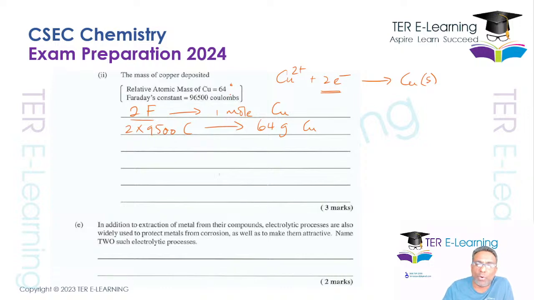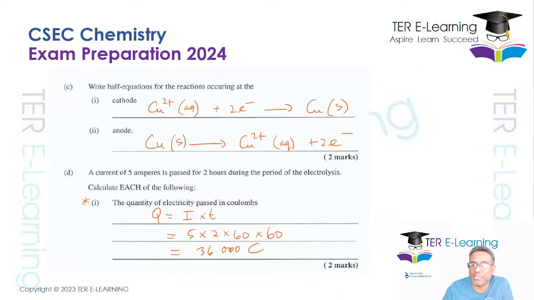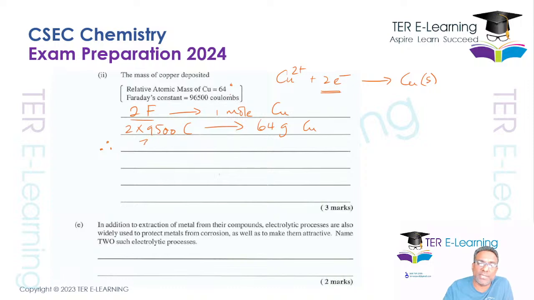And what we're going to do now is work out what mass is deposited based on the charge that actually flowed. So the charge was 36,000. So we're just going to say 36,000 coulombs will produce. And again, I told you, cross multiply: this number multiplied by this number divided by this number here. So that's going to be 3600 multiplied by 64, all over 2 by, I missed out a 6 here, 96,500.